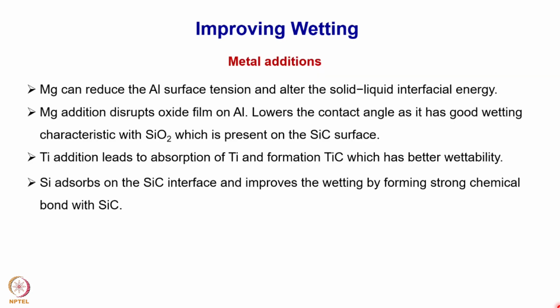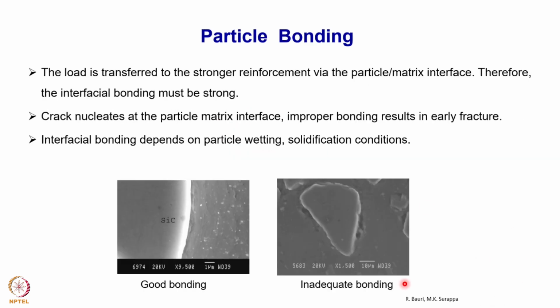These are some of the ways of improving the bonding between the ceramic reinforcement and metallic matrix, and our objective should always be to have a good bonding between the reinforcement and the matrix so that you can derive all the advantages of the composite materials and have properties which are better than both the constituents.